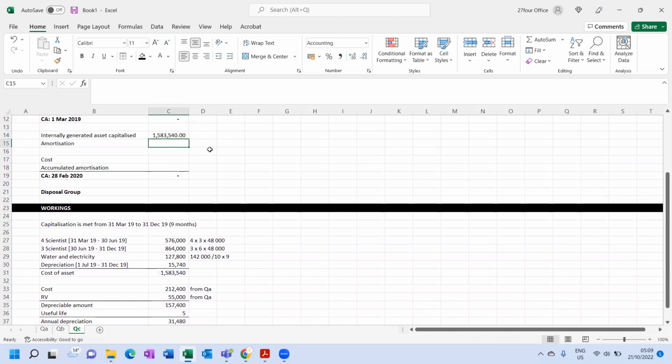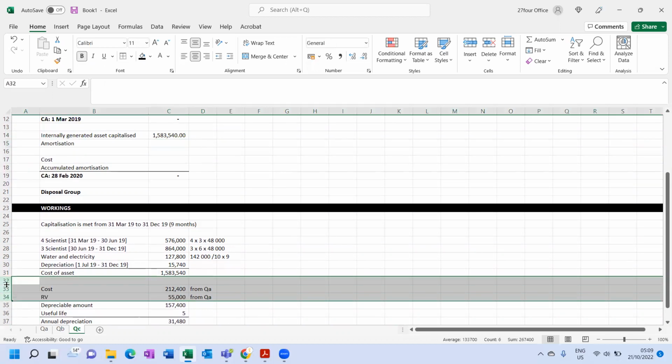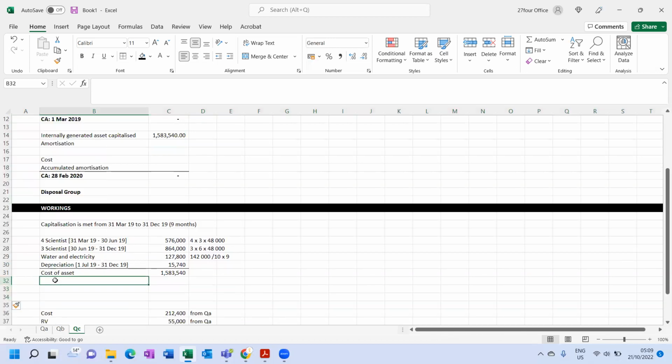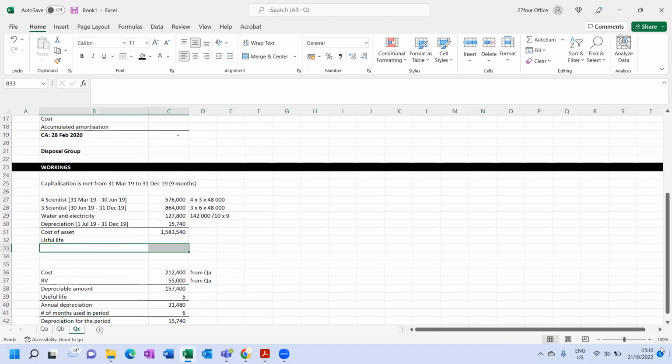Then we must work out depreciation. So depreciation on this asset would be as follows. Useful life, and then you can actually just use the exact same thing over here.